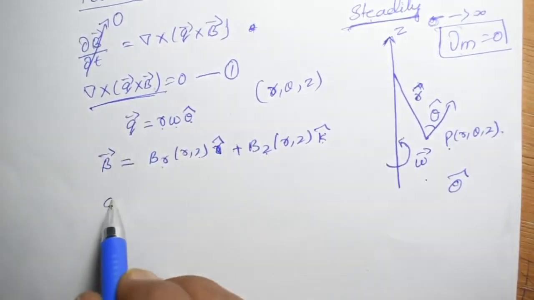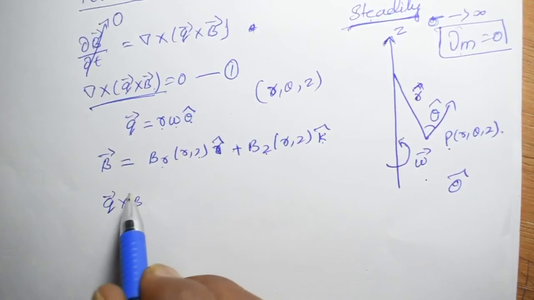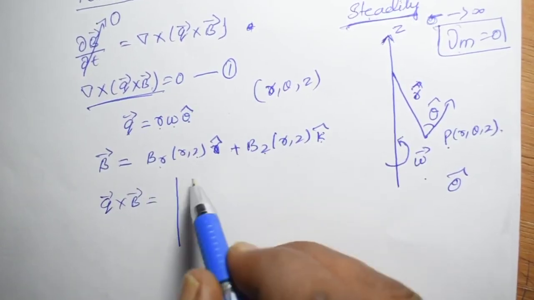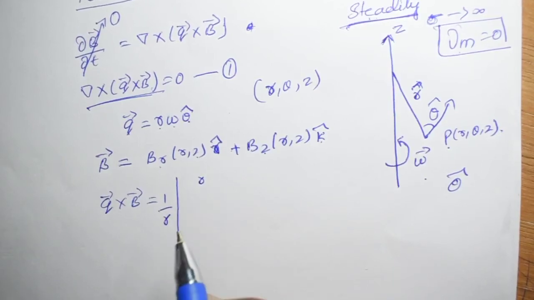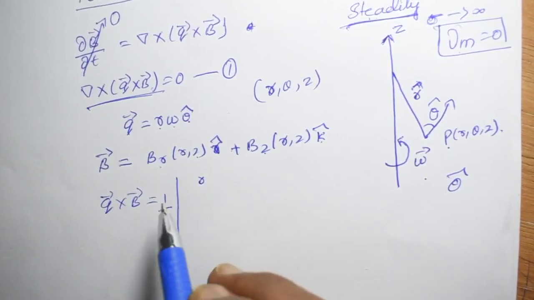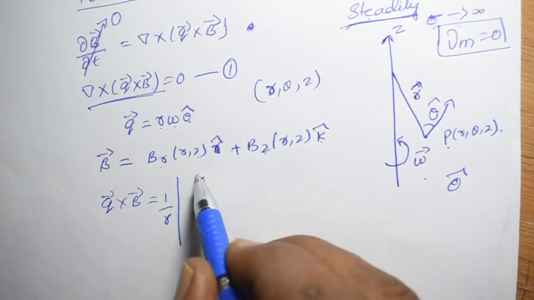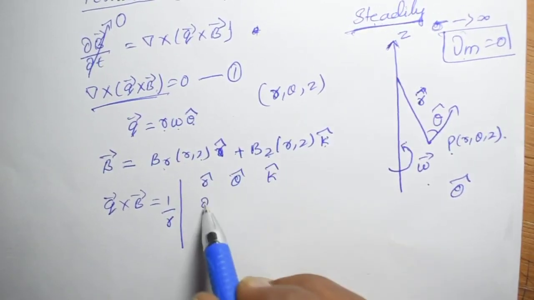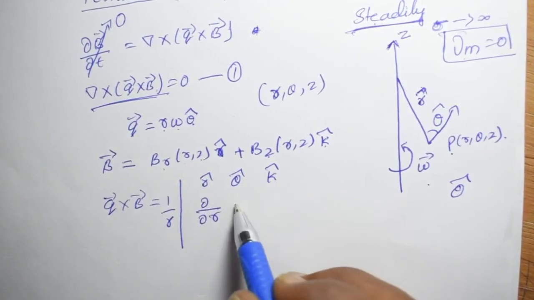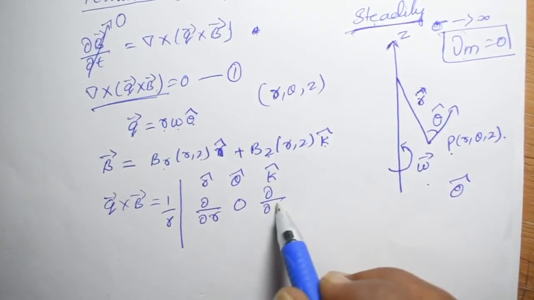To find this, first you have to find what q cross B is. Q cross B is equal to 1 by r into the cross product in the polar coordinate system, that is, the determinant with r cap, theta cap, k cap, del by del r, no theta, del by del z, right?